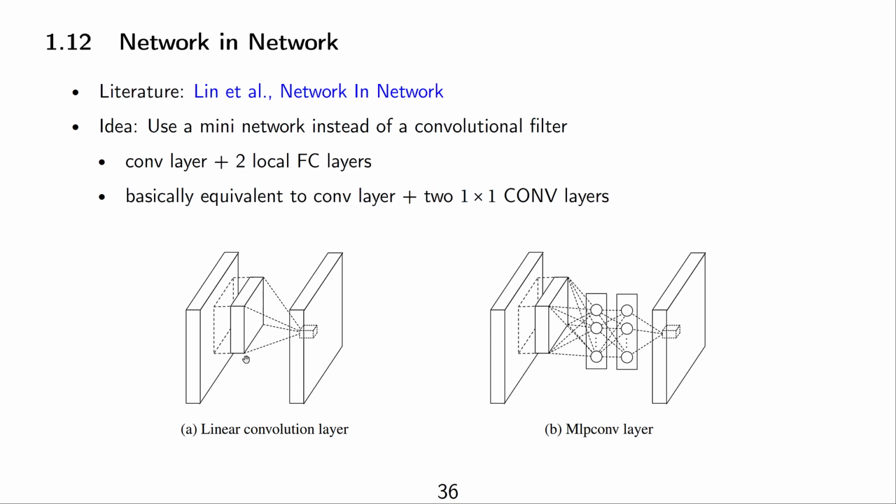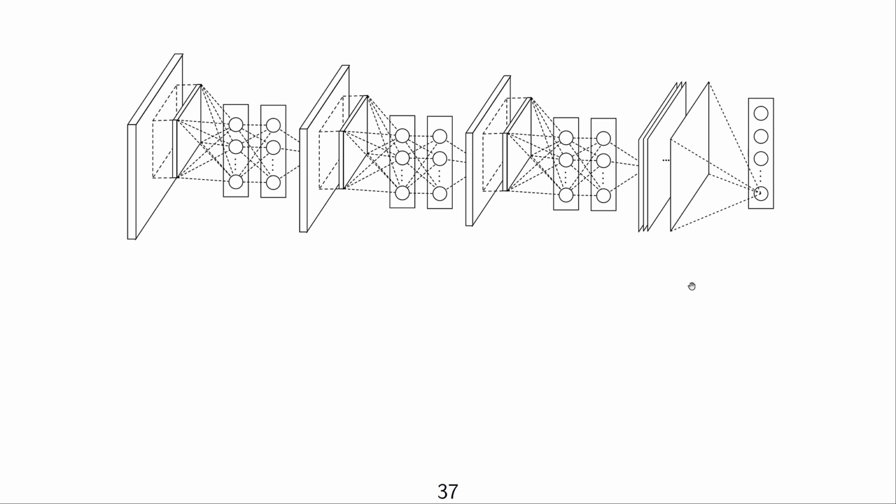But this design is actually equivalent to the one-by-one convolutions that we already discussed in the context of convolutional networks. So while there was maybe a particular design that the authors proposed here, the most important thing is that 1x1 convolutions started to become popular around this time, and this paper probably helped to popularize them.